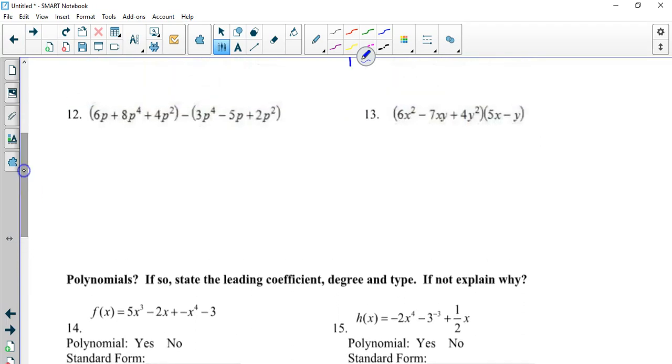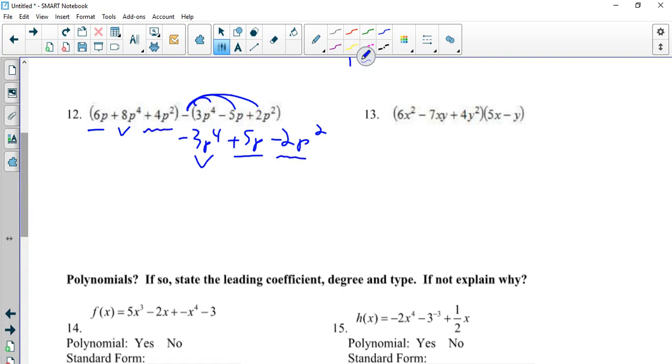Okay, next one is a subtraction problem. Here, here, and here. Minus 3p to the fourth. Plus 5p and minus 2p squared. Now I look for the same things. 6p, 5p. P to the fourth, p to the fourth, p squared, p squared.